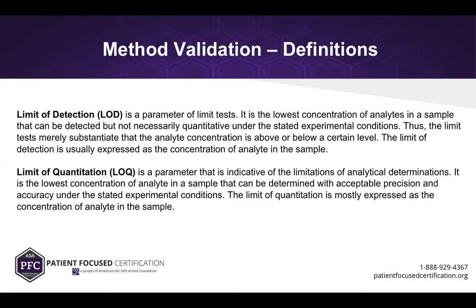As long as you can successfully identify that, typically it's a 2-to-1 signal to noise ratio, which shouldn't be confused with the limit of quantitation. The limit of quantitation, as we talked about, falls inside that linear range, versus the limit of detection, which really just tells you, yes, I've detected this compound, but no, I cannot quantify it.